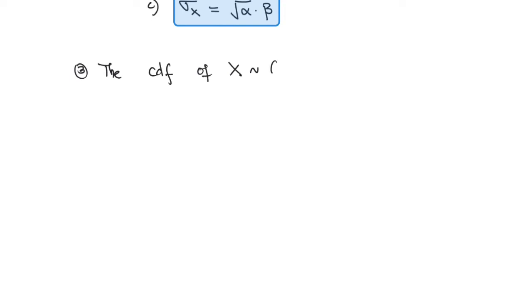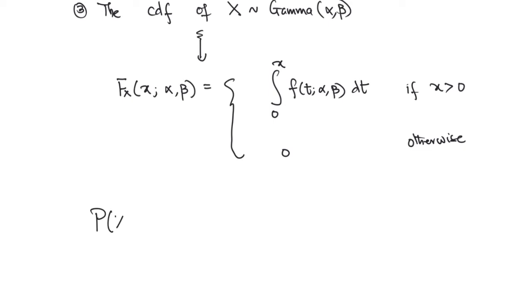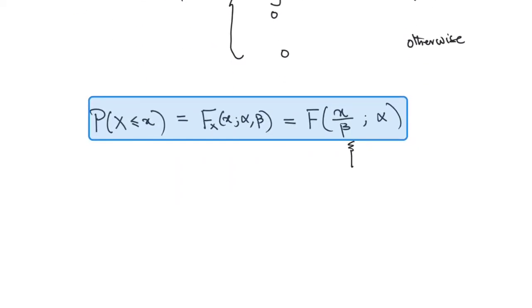The CDF of x that has the gamma distribution with parameters alpha, beta is defined using the following integral. Note that the CDF of x is the probability that x takes values less than or equal to x, and this is going to equal the CDF of the standard gamma distribution with parameter alpha evaluated at x over beta.